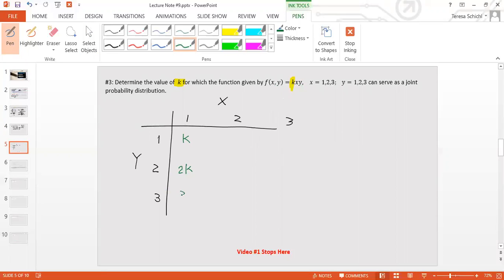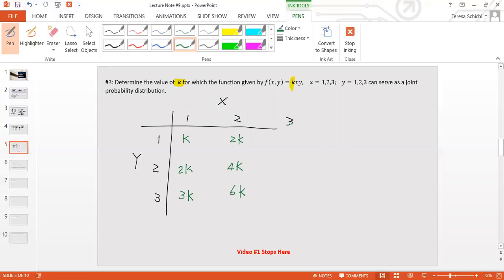This is 3k. Now when x equal to 2, y equal to 1, this is 2k. When x equal to 2, y equal to 2, so 2 times 2, it's 4k. When x equal to 2, y equal to 3, so 2 times 3, this is 6k.